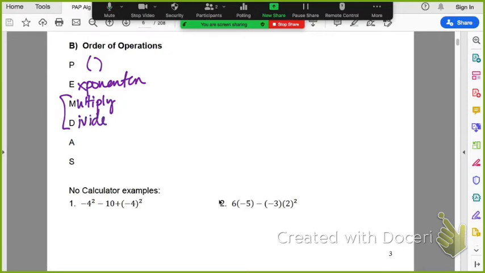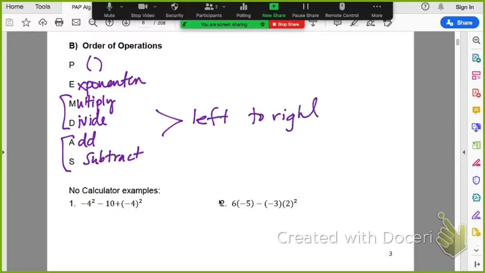They can happen at the same time, so that's why I'm grouping those together. And then A and S, add and subtract. Those can also happen together. You read those from left to right. So if dividing comes first, left to right, then you would divide first versus multiply.